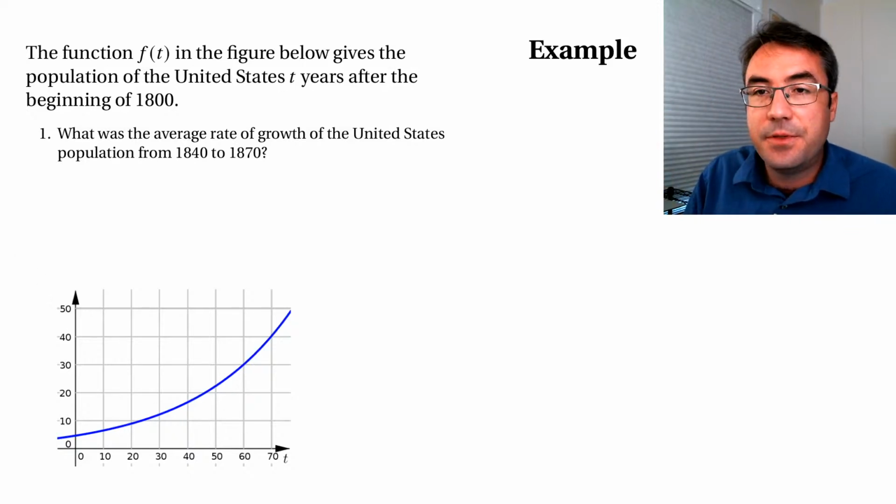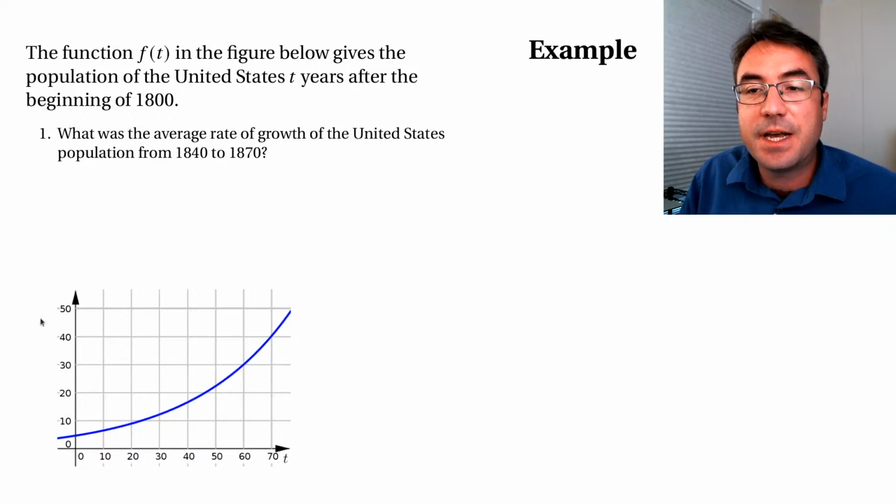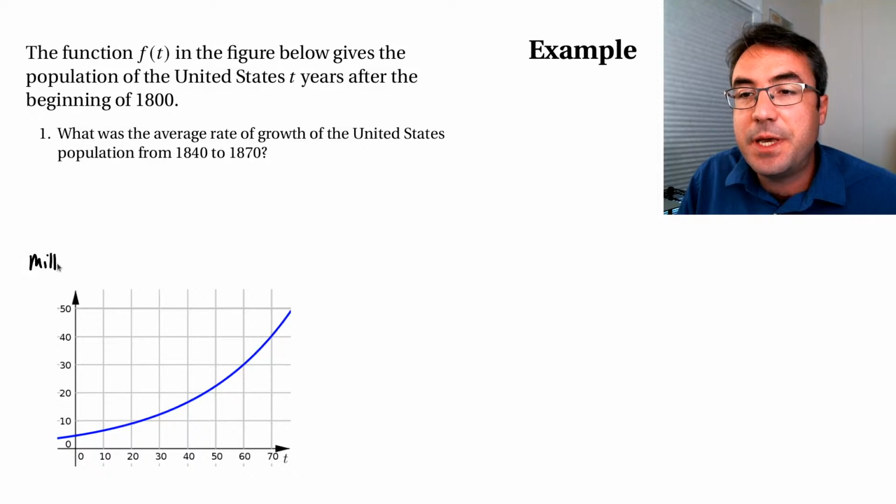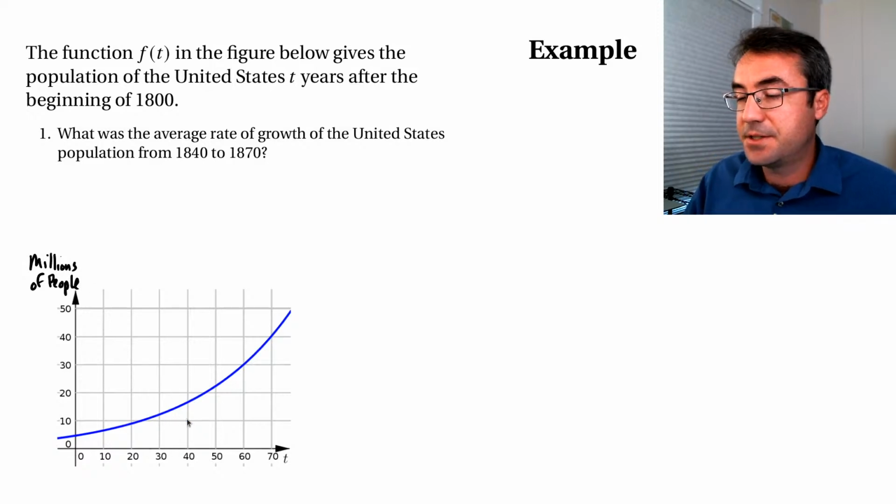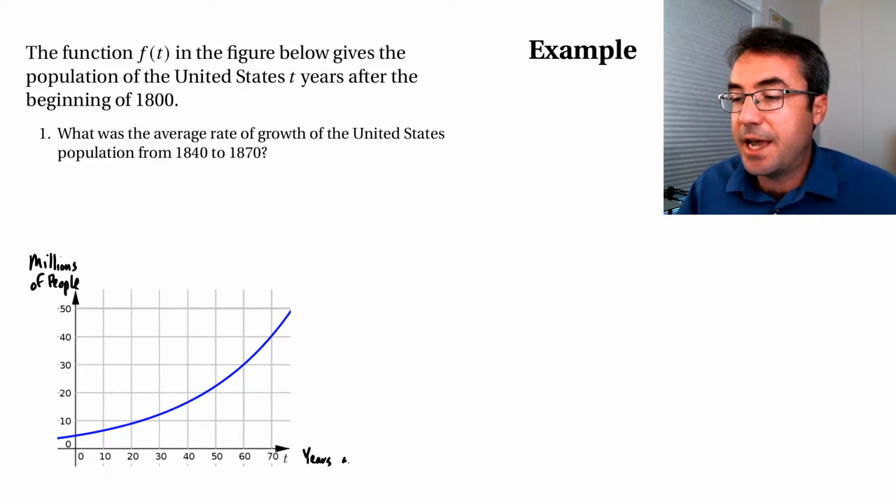So the graph here, the units on the vertical axis are going to be millions of people. And the units along the horizontal axis are given in years after 1800.